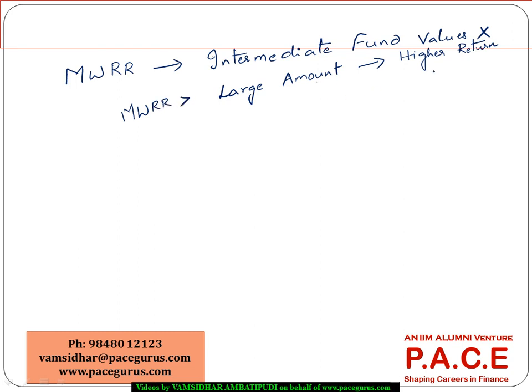But the same large amount associated with a lower return, you see that the money weighted rate of return goes drastically lower. So which means it is very much sensitive to the timing and the amount of cash flows. Very important aspect. It is very much sensitive to the timing as well as the amount of cash flows.